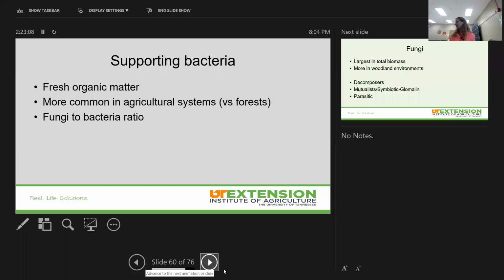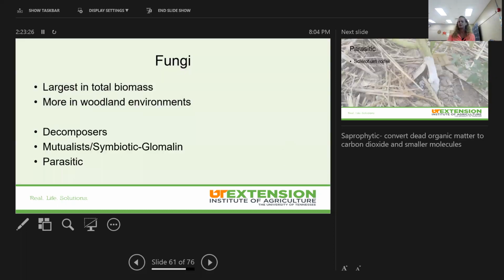I'm sure that somebody could probably put it under a microscope and tell you how much bacteria and how much fungus you have in your soil. Again, that's over my head to go in this deep. But just know that your bacteria, your fungi, your microorganisms, all of those are an important part of your soil composition. Okay, so your fungi tends to be the largest in total biomass.